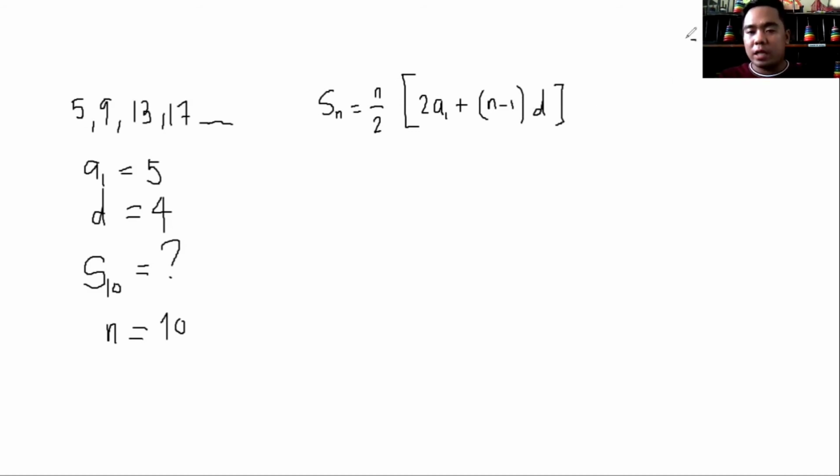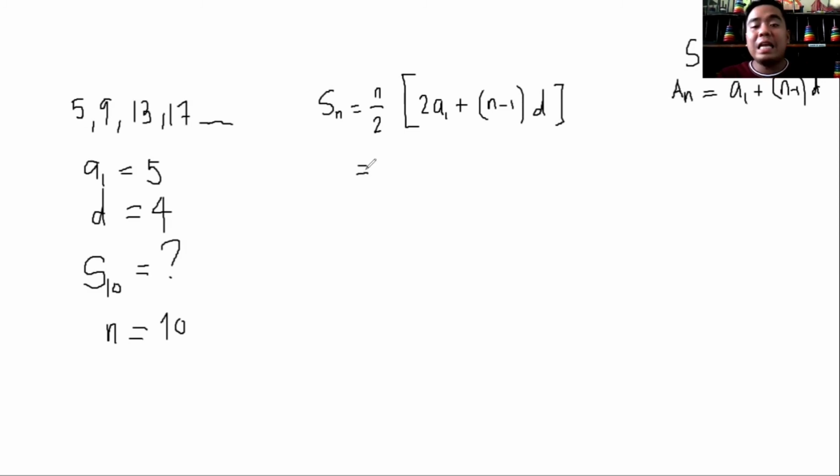For a sequence, the formula for finding the terms is a sub n is equal to a sub 1, or your first term, plus n minus 1 times d.